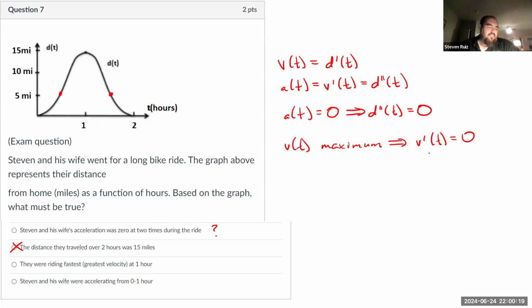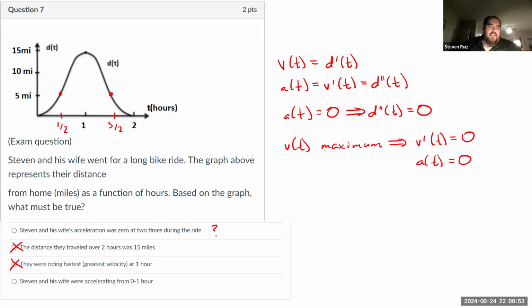That's one thing we associate with finding max and minimum points, where the derivative of the function is equal to 0. So what is the derivative of velocity? That's the same as the acceleration being 0. Does it make sense for the acceleration to be 0 after 1 hour? I don't think so, because I think we said the acceleration was going to be 0 at these 2 points, which looks like a half and 3 halves. So I'm going to disregard this one.